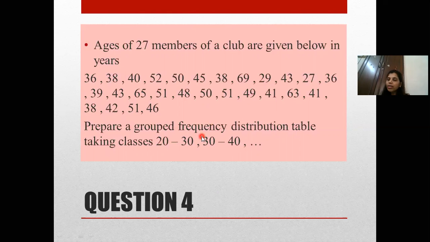If the lower limit is 30, only then can you place 30 there. If the upper limit is 30, you have to understand it is ending at 29. Wherever 30 is the lower limit, where the class interval starts, there only you can place that number.